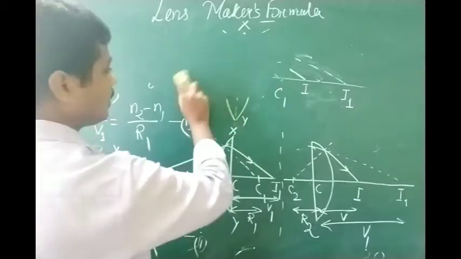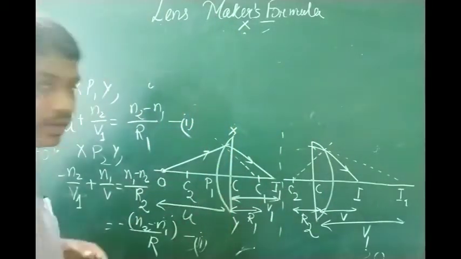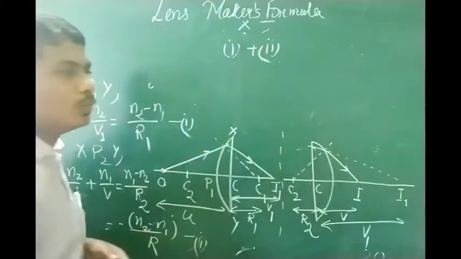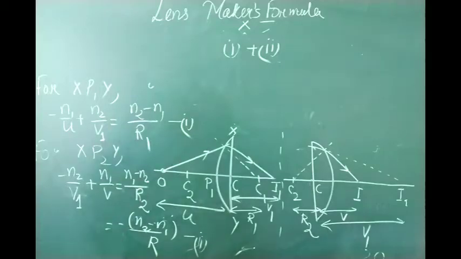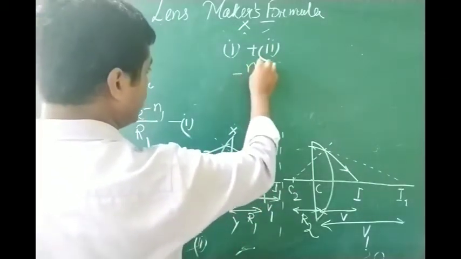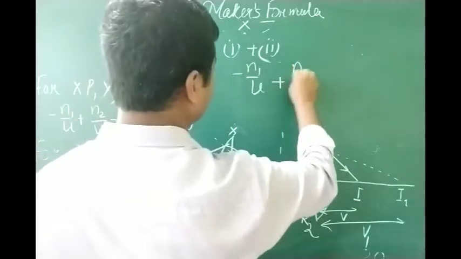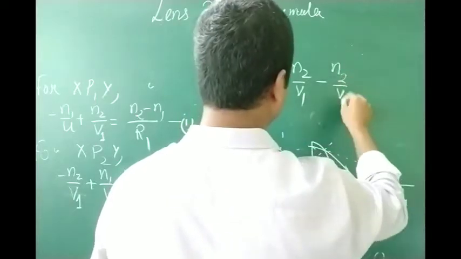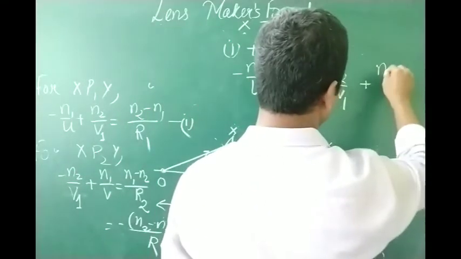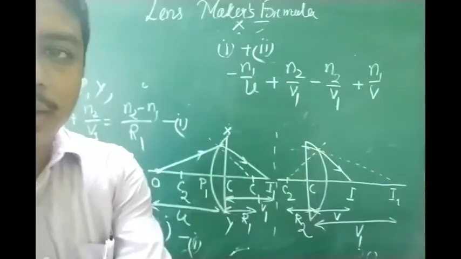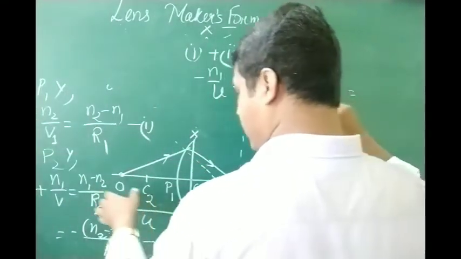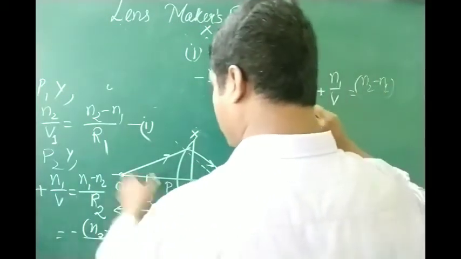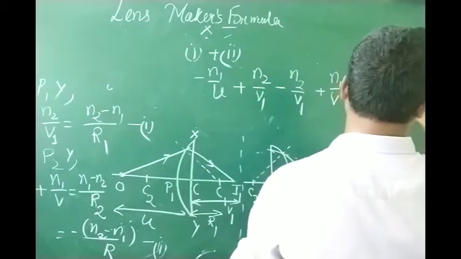Now I will add equation 1 and equation 2. If I add equation 1 and 2, it will be minus n1 by u plus n2 by v1 minus n2 by v1 plus n1 by v, equals, from the formula, n2 minus n1 as common, into 1 by R1 minus 1 by R2.